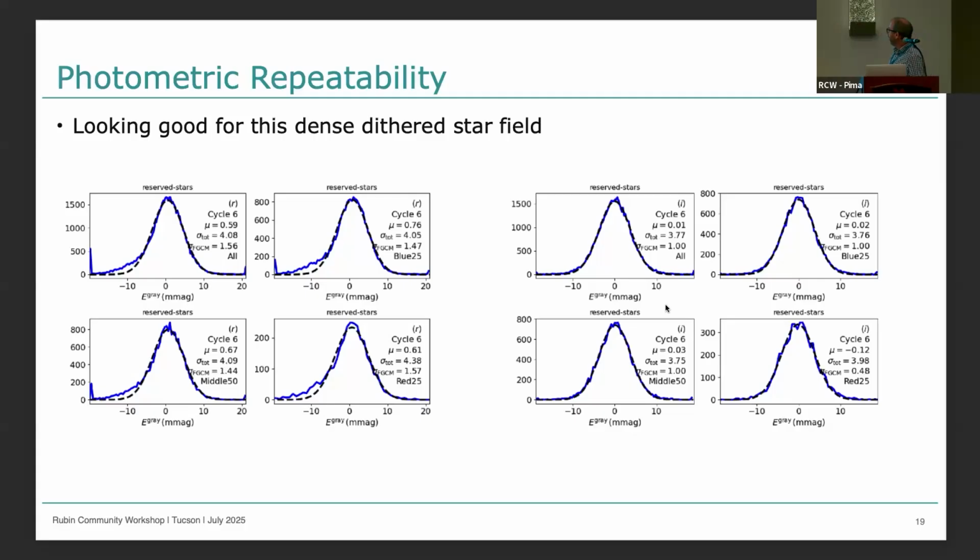I'm just showing R and I here. And this is with signal to noise 100 as the selection. My next run is going to boost that because the width of this is totally consistent with the photometric errors. And we have plenty of stars in this field. It's a very dense star field, as Yusra was saying. One of my bits of code was not expecting 250,000 good quality observations in a single visit.